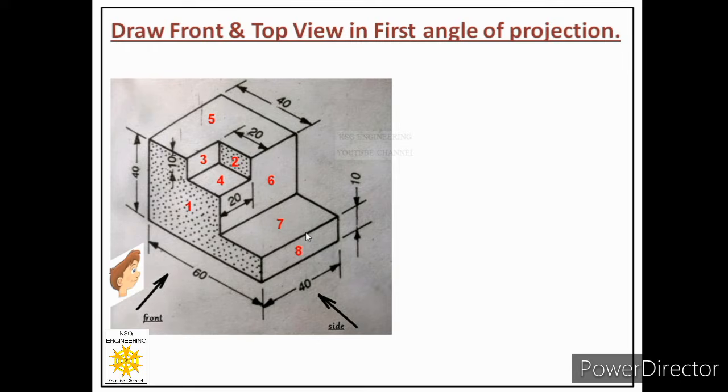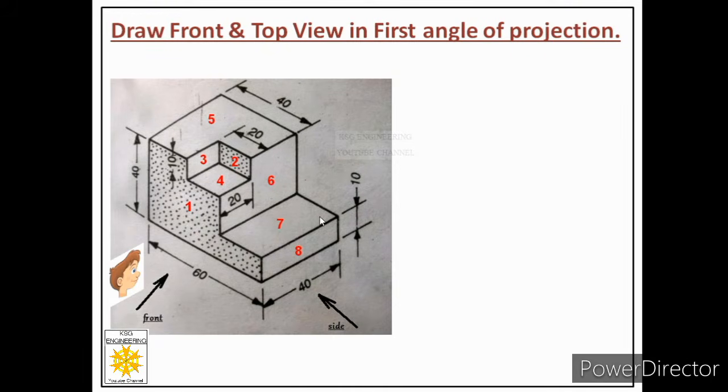So the first step is to see how many total faces are visible to us in the 3D image given to us. Then out of those faces we should see how many are parallel to VP and how many are inclined to VP. Remember, VP is behind the object.